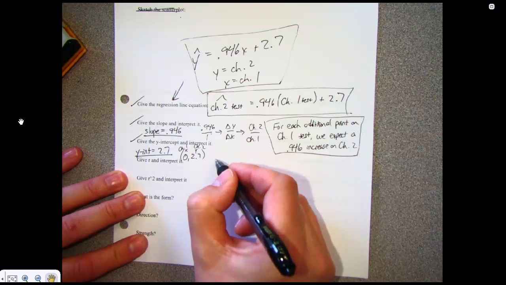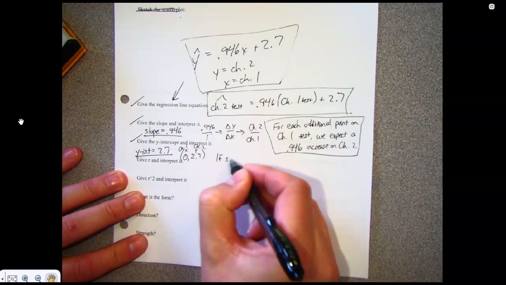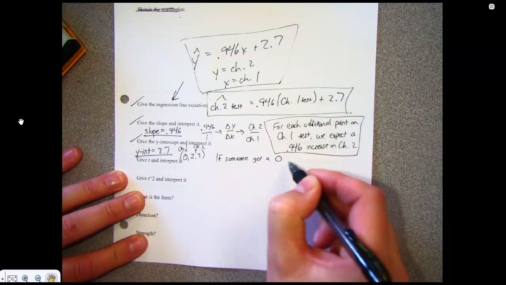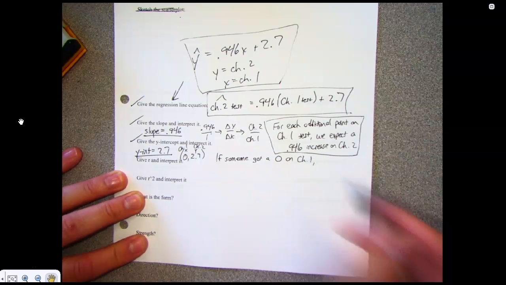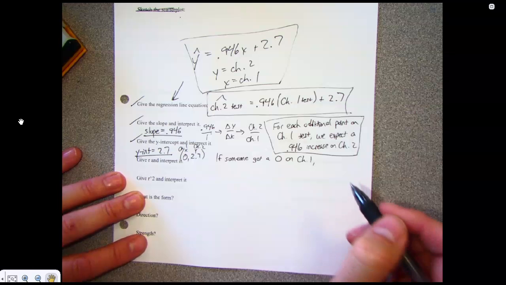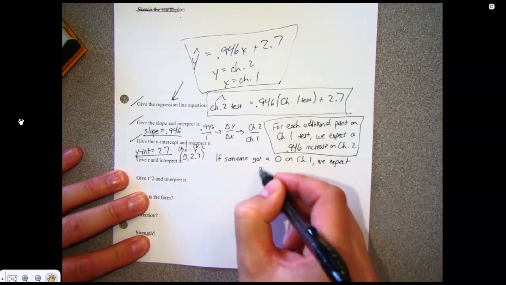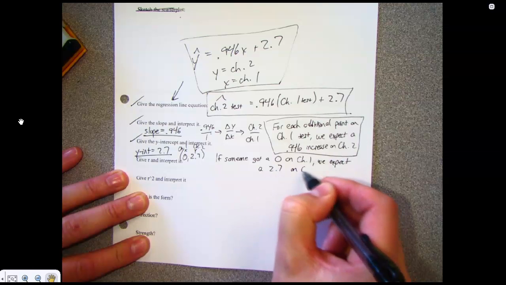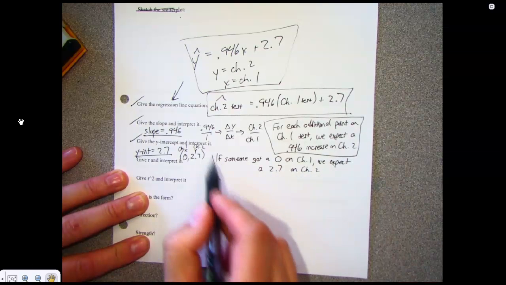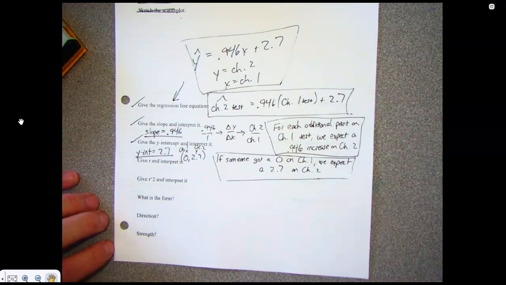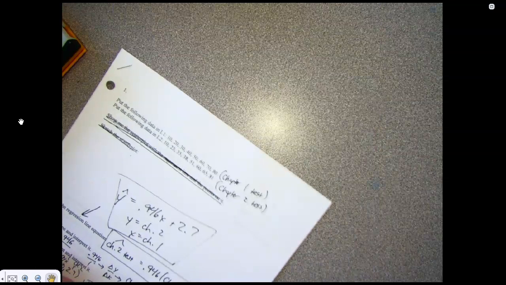So if someone got a 0 on chapter 1, we expect a 2.7 on chapter 2. Questions? All right, go to the next one.